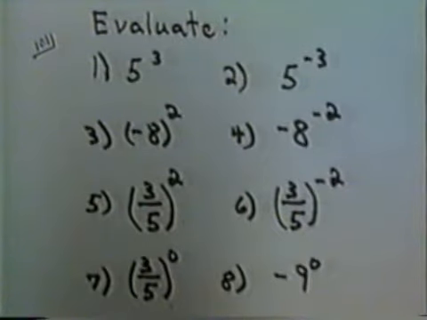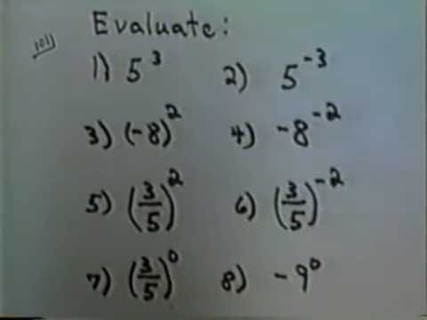The fourth one, the opposite of 8 to the negative second power. The opposite of 8 exponent negative 2. The fifth one, 3/5 squared. 3/5 squared. The sixth one, 3/5 to the negative 2.